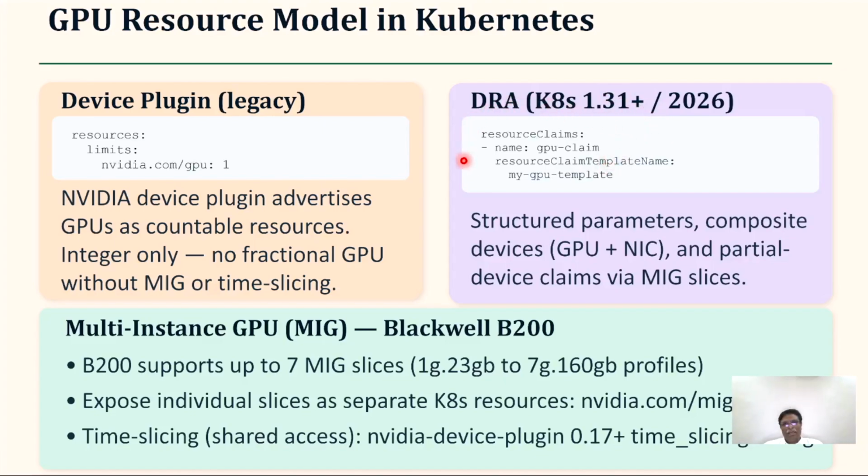Here the resources which can be claimed are GPUs, and you can have a structured template with structured parameters which can claim MIG slices also, right? So the basic idea with dynamic resource allocation is that when you talk of MIG slices, you can partially claim a certain portion of the device, instead of having the whole GPU as in the legacy approach.